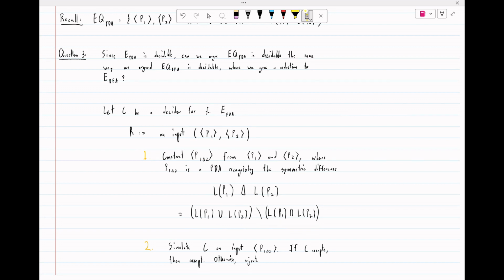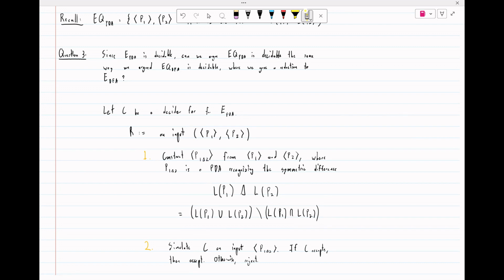And then we say, well, we know that this symmetric difference is empty if and only if what? What has to be true about this set and this set for their symmetric difference to be empty? Yeah, they have to be equal, right?